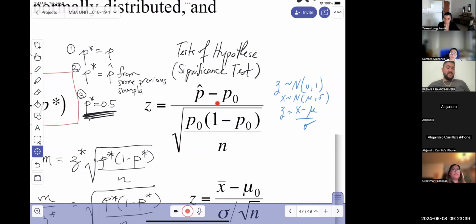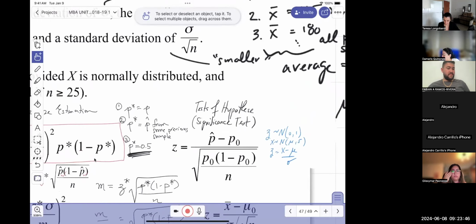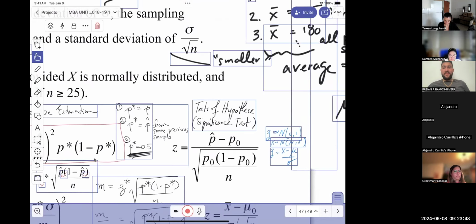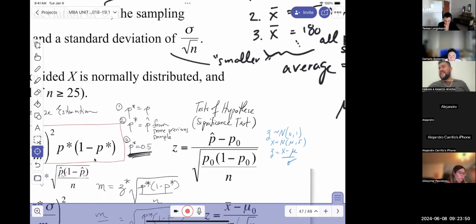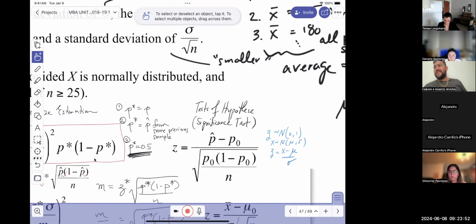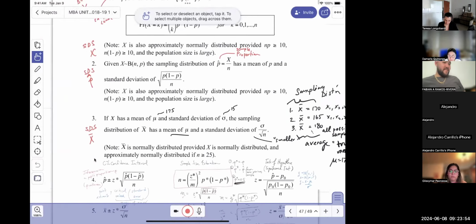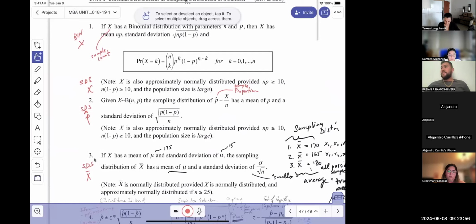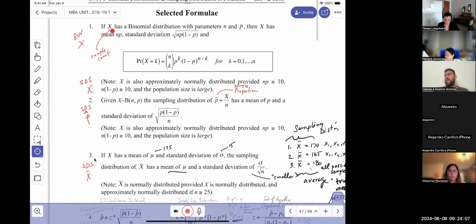Where is that coming from? Where am I deriving that from? I'm taking it from the theory above, where it tells me that P hat, which is x divided by n, where x, remember, was binomial. So this is a different x.